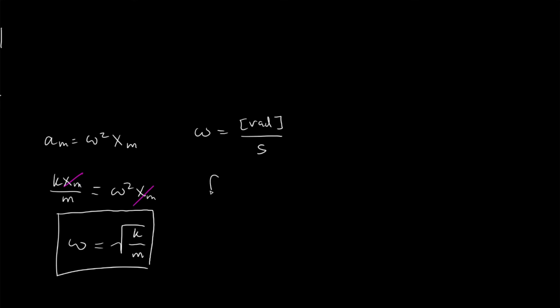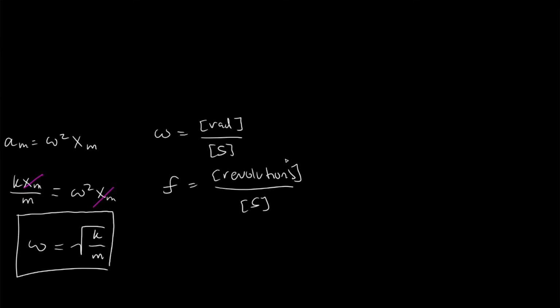And our real frequency is in revolutions per second, or oscillations per second. And one full revolution or oscillation is equal to 2 pi radians.